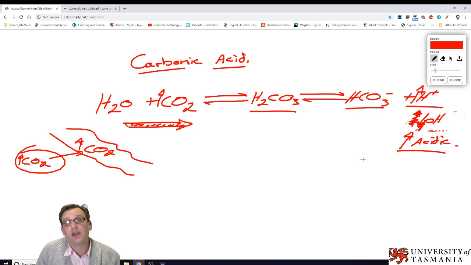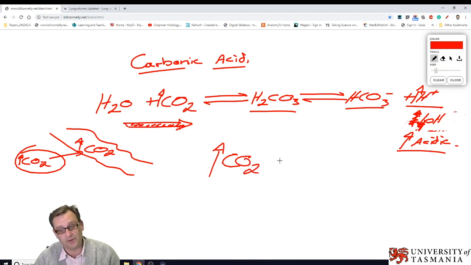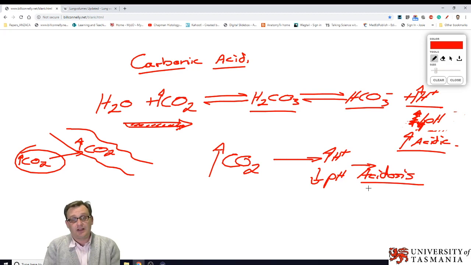In situations where you are not breathing as much, we're not releasing that carbon dioxide into the atmosphere, so the carbon dioxide inside the bloodstream builds up. We see an increase in hydrogen ions, which results in a decrease in pH. That's what we call acidosis, and this can become a really big issue. This is clinically very, very important.